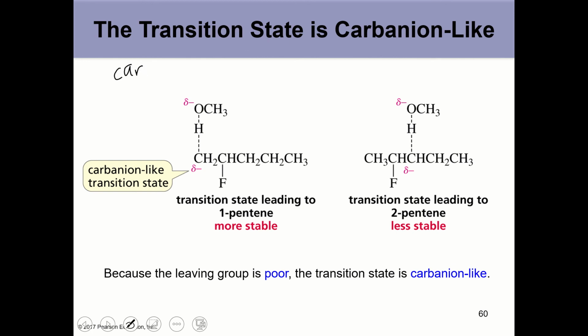Carbanions are going to be covered in chapter 11, metals. So carbanions are the opposite of cations. A positive charge is the most stable on the most substituted carbon. A negative charge is the most stable on the least substituted carbon.